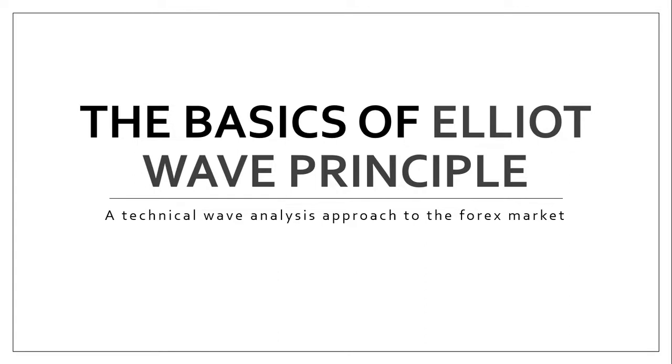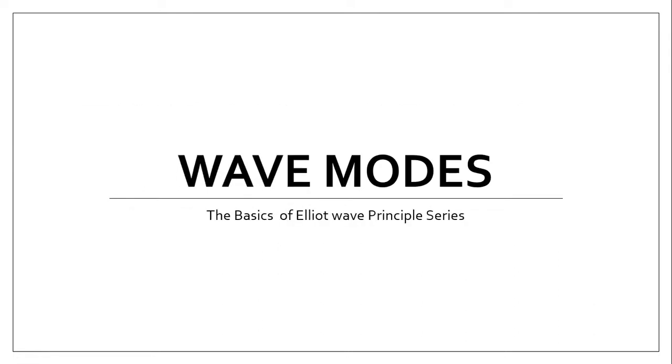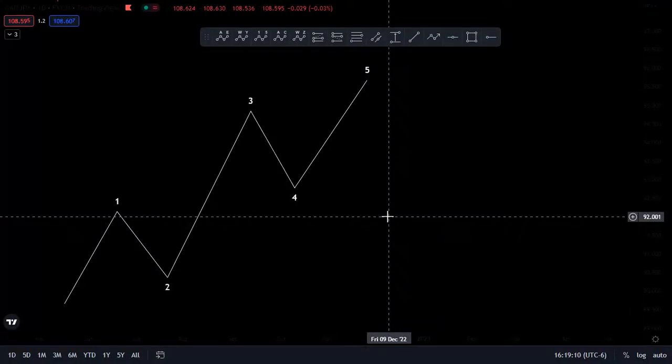So we looked at how Elliott viewed the market to be moving, his perception on how he thought price was moving, and in conclusion of the previous video, Elliott concluded that the forex market price was moving in 5 waves of a specific structure. So in this video we're going to be learning about wave modes. So let's switch over to TradingView and let's do this.